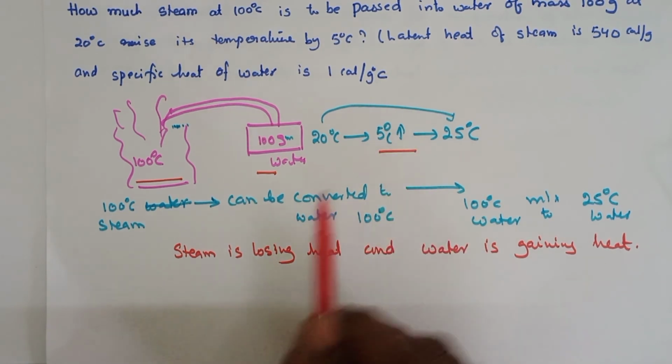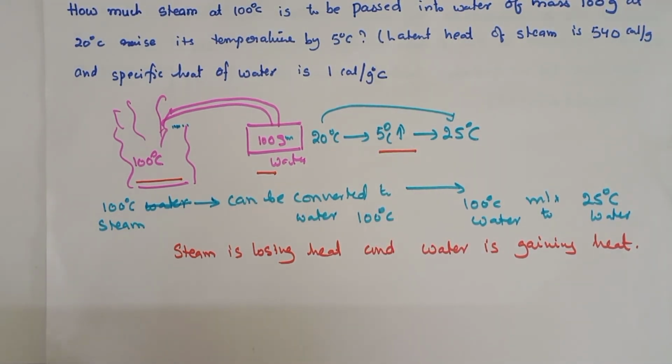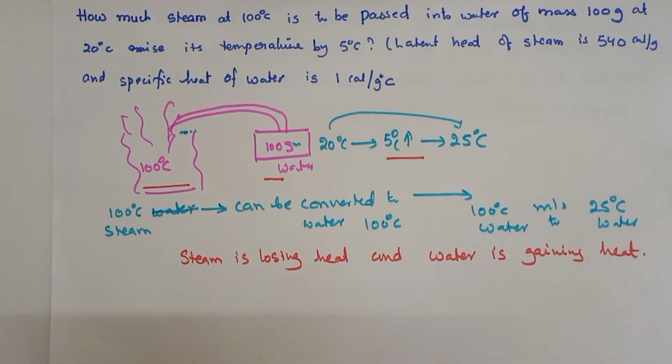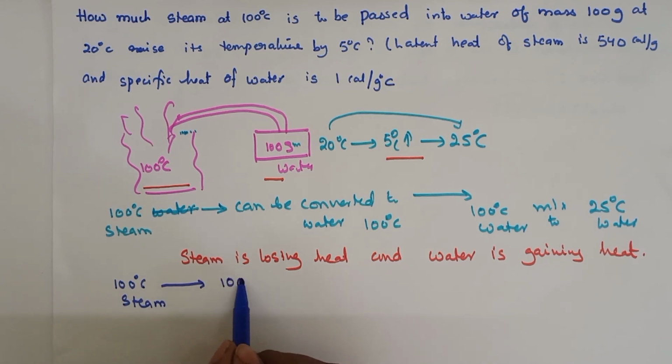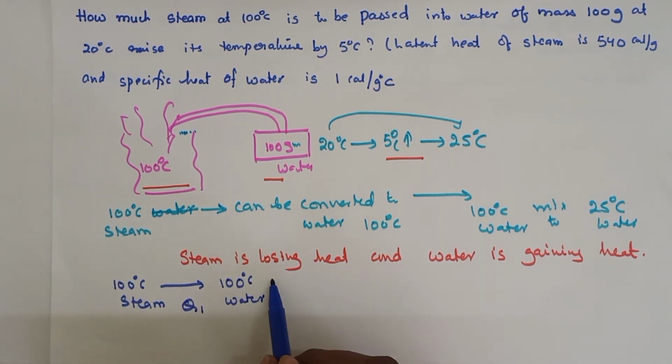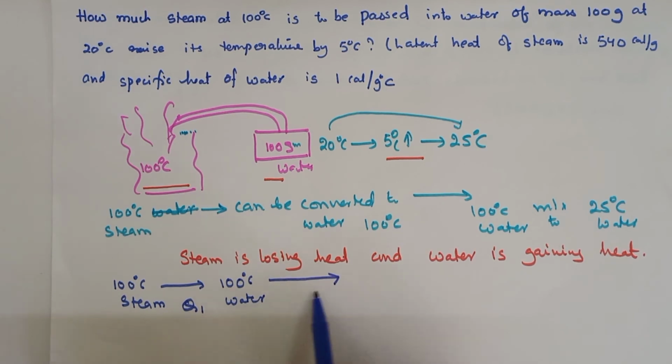Here also we can balance the specific heat. Say 100 degree centigrade steam converts to 100 degree centigrade water. So the temperature is not changed, but the state of matter is changed. Let's say this is Q1. Now 100 degree centigrade water goes to the final temperature of 25 degree centigrade water, which is Q2.